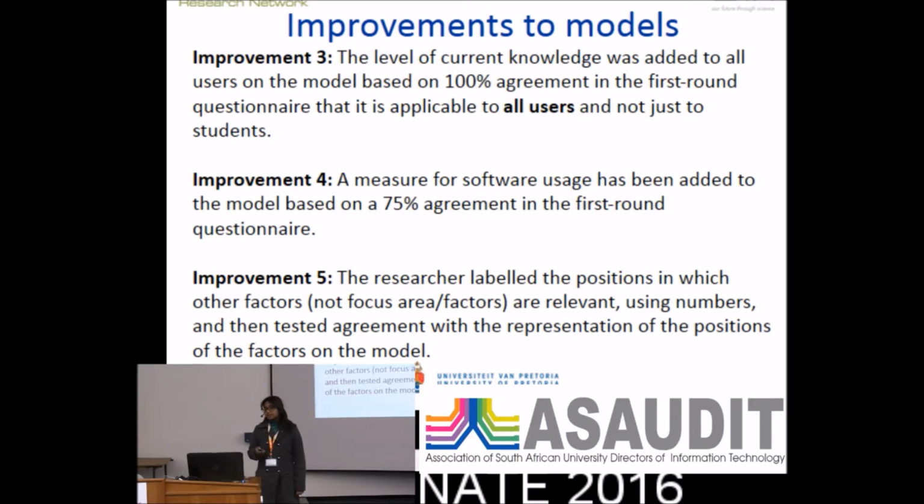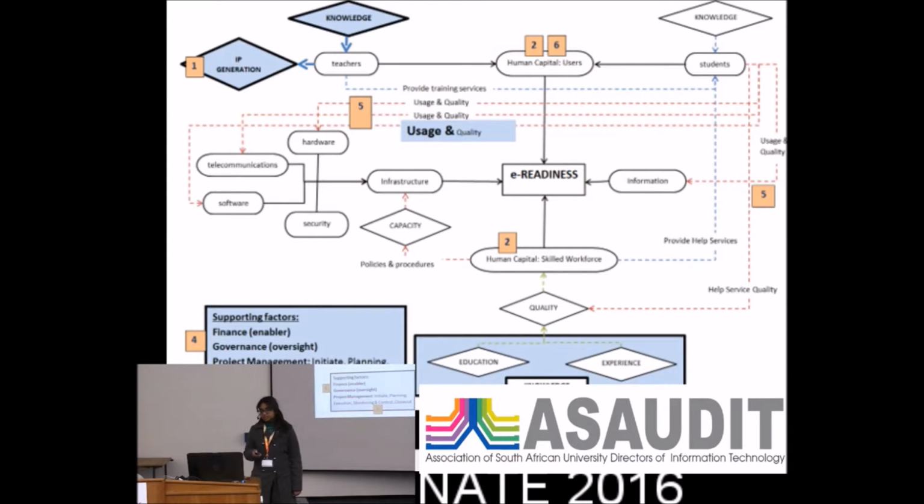And an improvement 5 that was made, you'll see in the model, I've labeled certain parts of the model with numbers which represent supporting factors to e-readiness. So this is the improved model for teaching and learning.